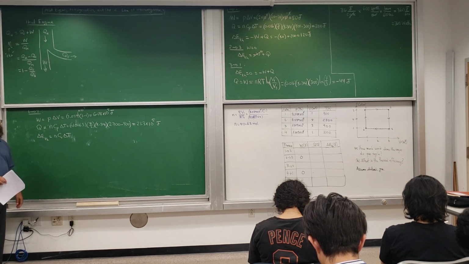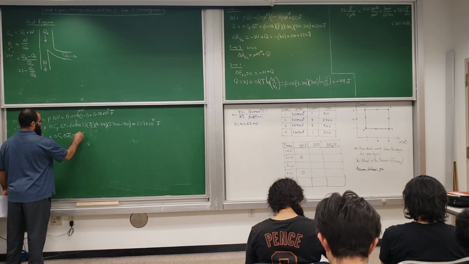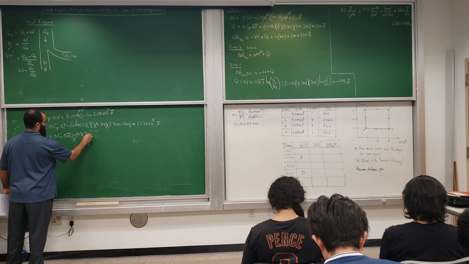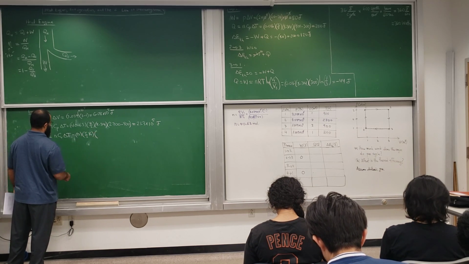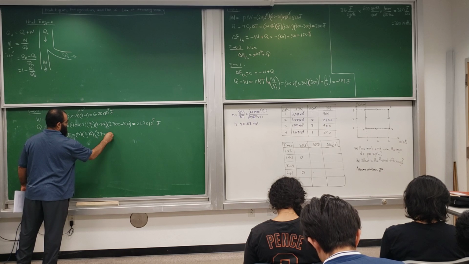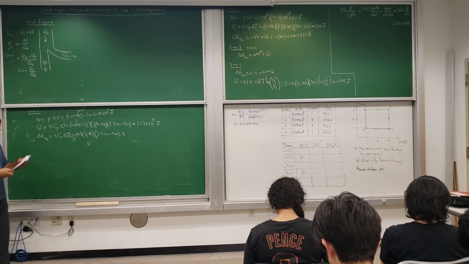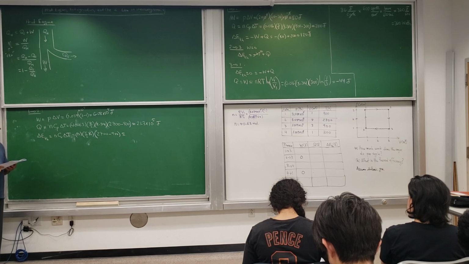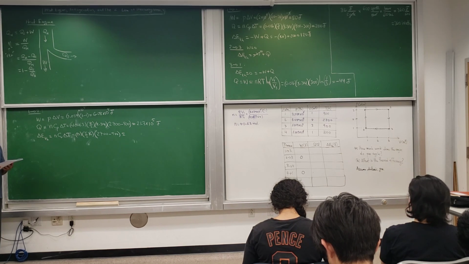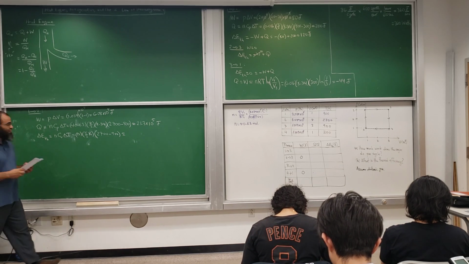I'll wait for a minute. And CV is 5 halves R, and then delta T. Delta T. You should get like 15.2 times 10 to the 5th.